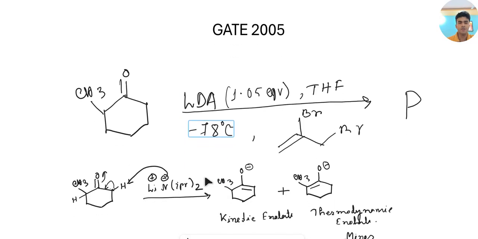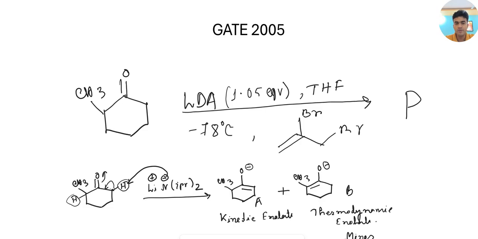LDA, lithium diisopropylamide, can abstract either of the two alpha hydrogens, and as a result the two enolates will be formed, either A or B. A is the kinetic enolate and B is the thermodynamic enolate.